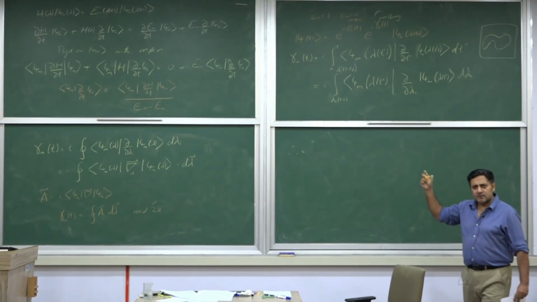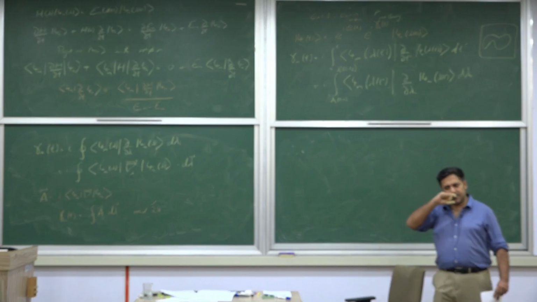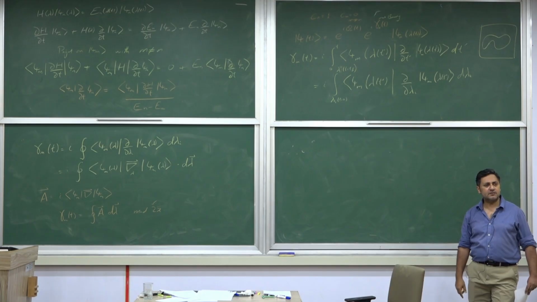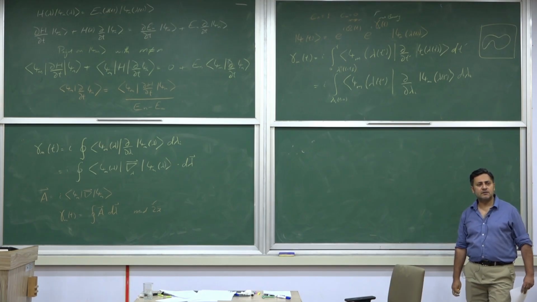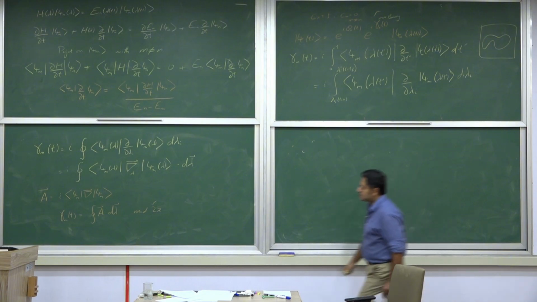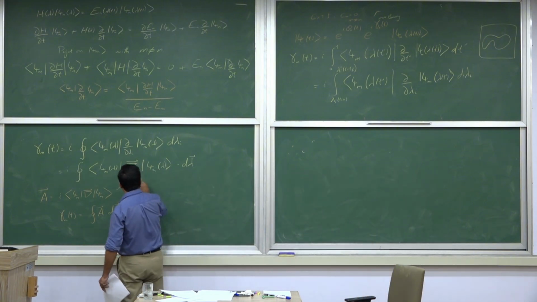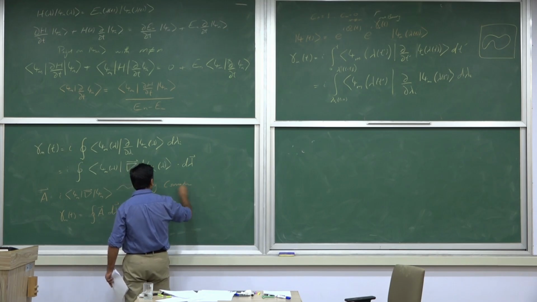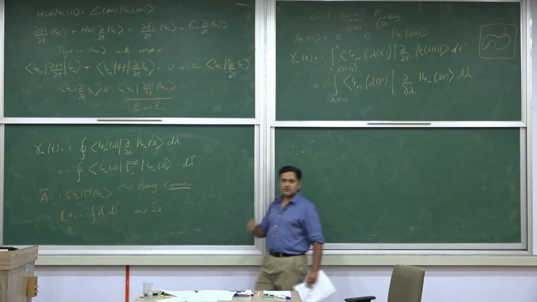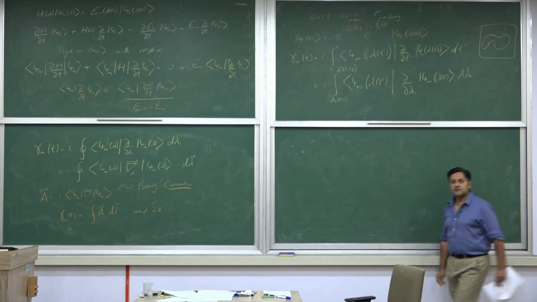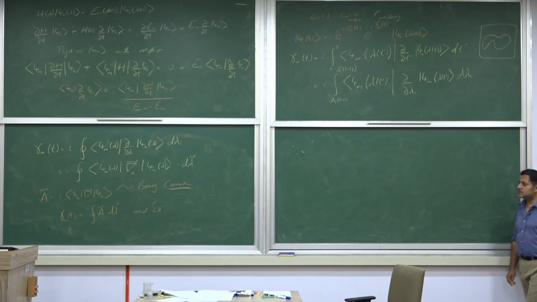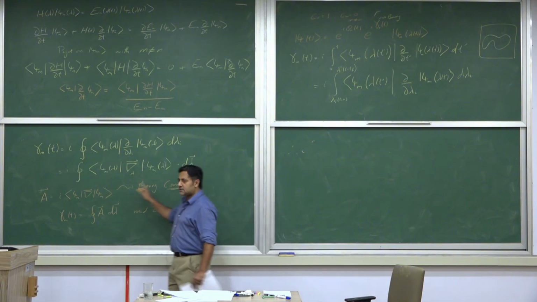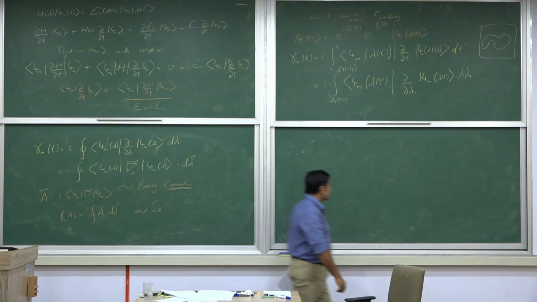So I can include an extra arbitrary phase in the definition of this vector which I have just defined. This is called the Berry connection. The name connection comes because in the language of fiber bundles, the vector potential is the connection on a principal G bundle, and something very similar happens over here.